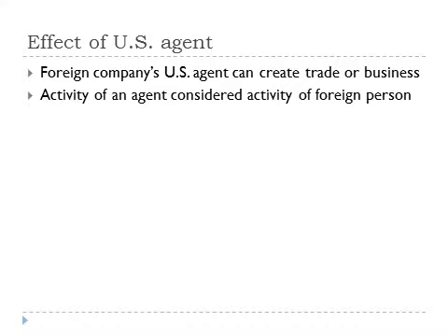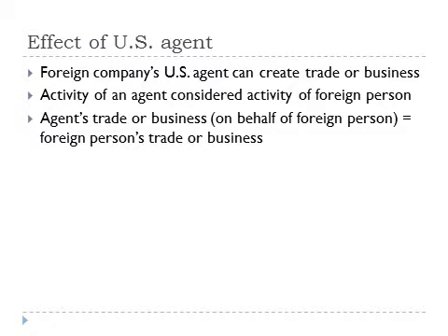In general, the actions of an agent are imputed, that is, considered to be the same as the actions of a principal. Accordingly, any activity of a foreign person's agent in the United States is considered to be the activity in the United States of the foreign person.